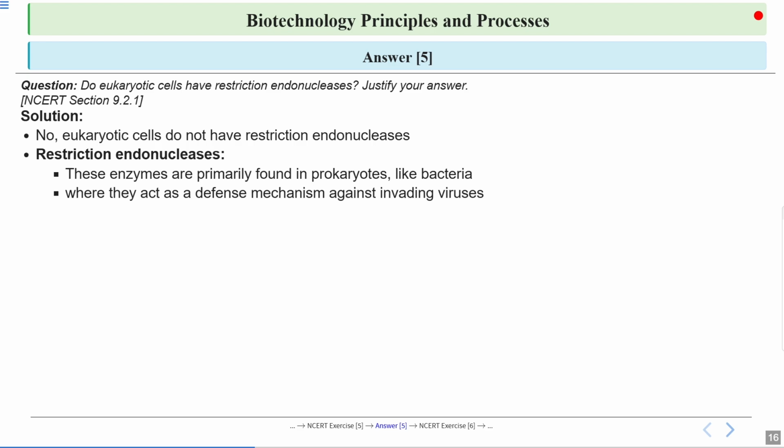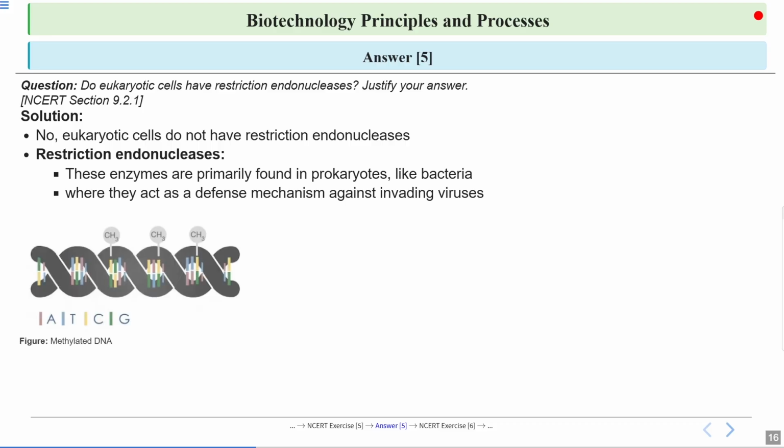So they act as a defense mechanism against invading viruses. Wherever these restriction endonucleases are present in the bacteria, for what reason? They are actually present as a defense mechanism to get rid of the viruses which are attacking the bacteria. To fight these viruses, they have these restriction enzymes.